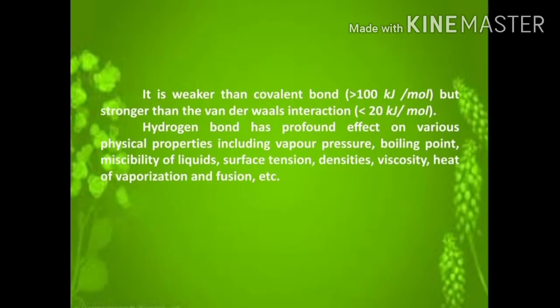This hydrogen bond is weaker than a covalent bond but stronger than van der Waals interaction. Hydrogen bond has a profound effect on various physical properties including vapor pressure, boiling point, miscibility of liquids, surface tension, viscosity, heat of vaporization, heat of fusion, etc.